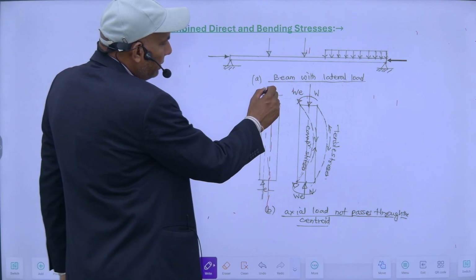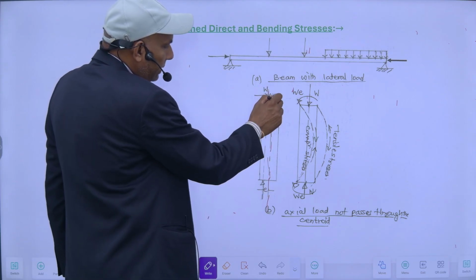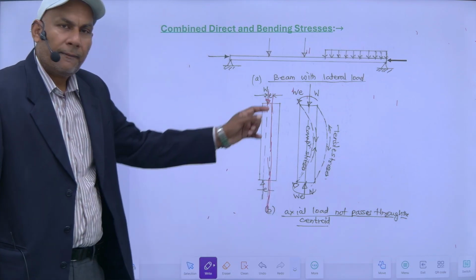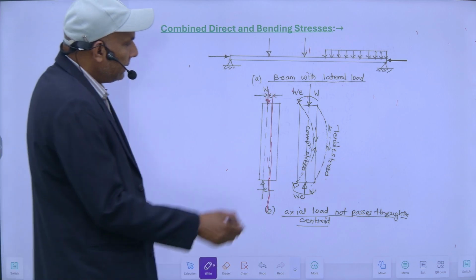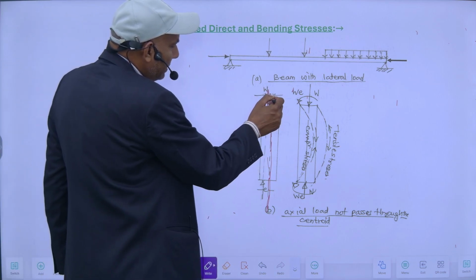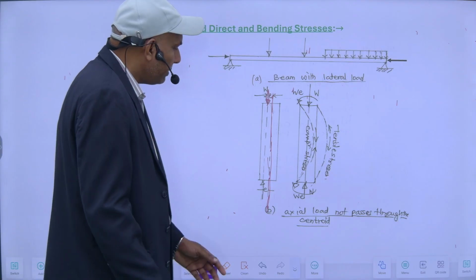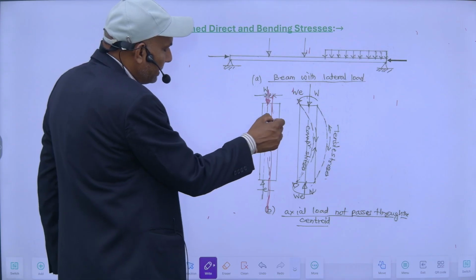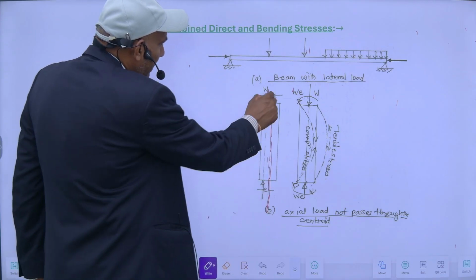Here this load W is not passing through the centroidal axis, it is acting here. So there is some amount of eccentricity. Eccentricity is the distance between the line where the load is acting and the centroidal axis of the member. So this is E.